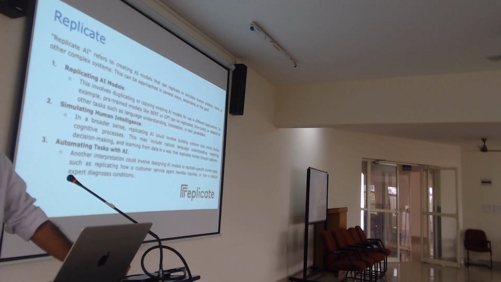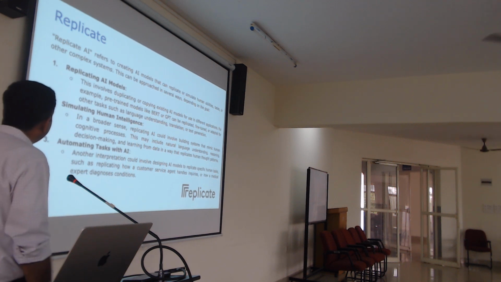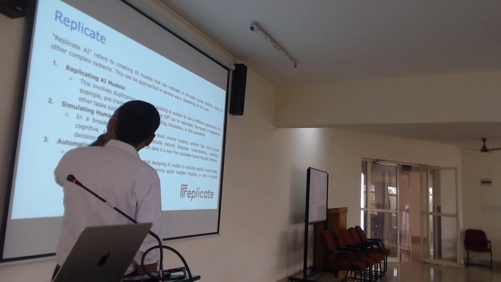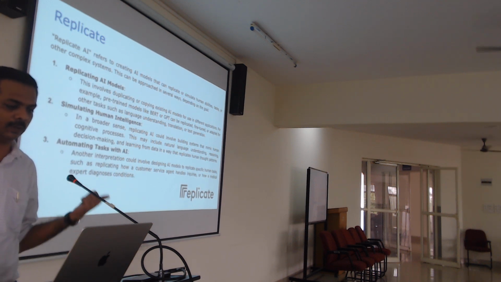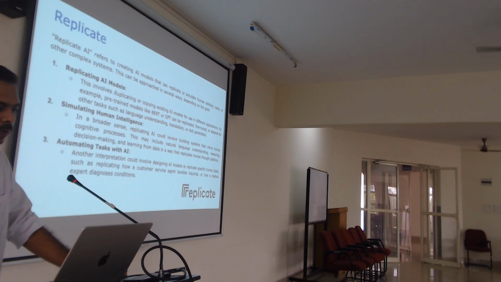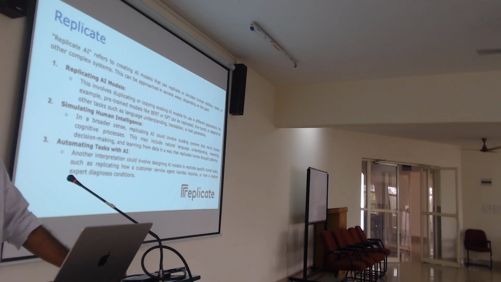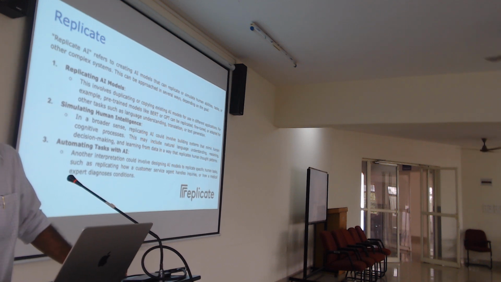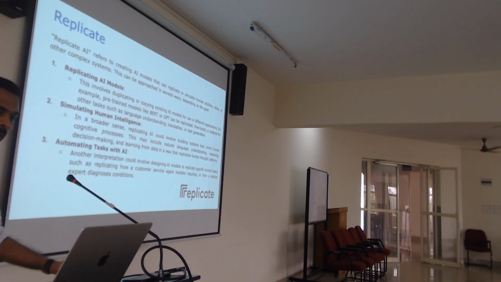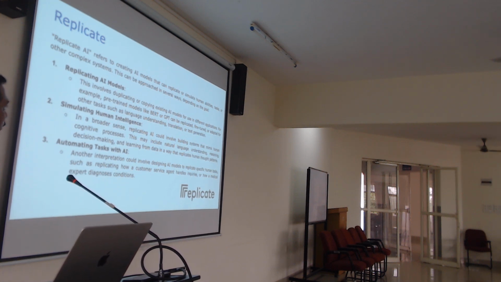So you have one more solution, as I was highlighting in Model Hub, you have Replicate, right? Replicate refers to creating AI models that can replicate or simulate human abilities, tasks, and other complex systems. Compared to Hugging Face, Replicate offers you human capabilities. Hugging Face does not have human capability, it is just an enhancement of a subset of these models, right? So you use Replicate whenever you want human capabilities introduced into your models. Replicating AI models involves duplicating or copying existing AI models for use in different applications.